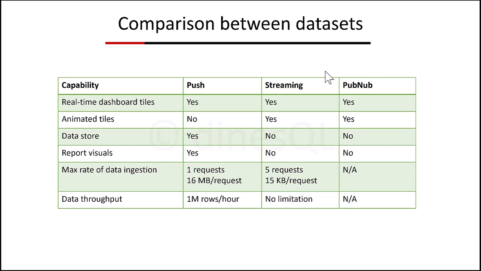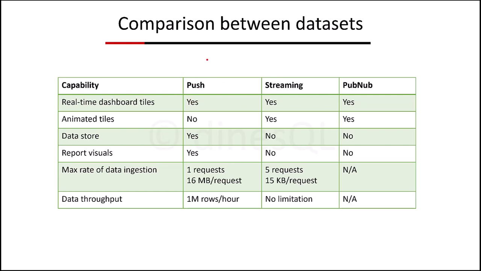Now let's see the comparison between these three types. We have already discussed everything; this is just for summarizing. If you want to use a streaming data set for visualization, plus you want to store data, which means you can use the historical data for some other visuals, what you have to do is use the push dataset.